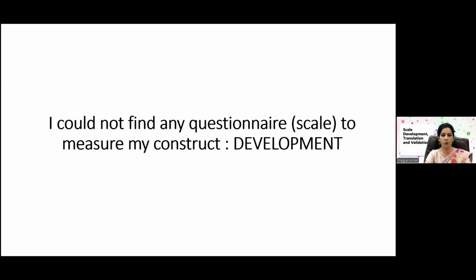But again, if you don't find any questionnaire to measure your construct, then you go for the paid one. With paid ones, again there is an issue that the charges are high. So if the institute can pay, or if there is any mechanism in your institute to pay for that, you can pay and use it. But you can also write a mail to them saying you are going to use it for academic purposes.